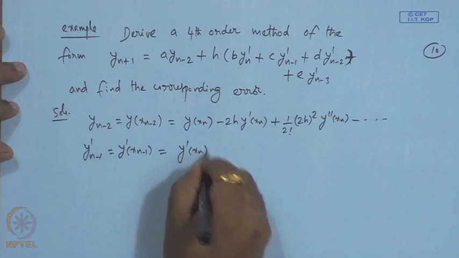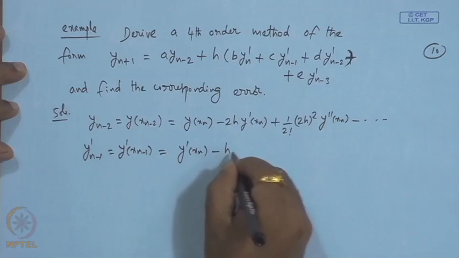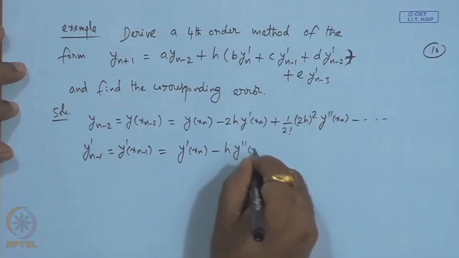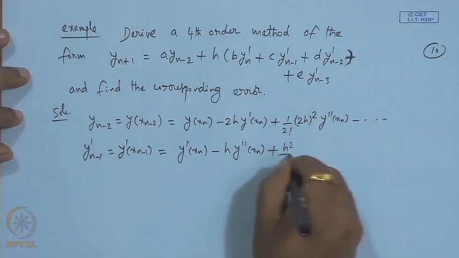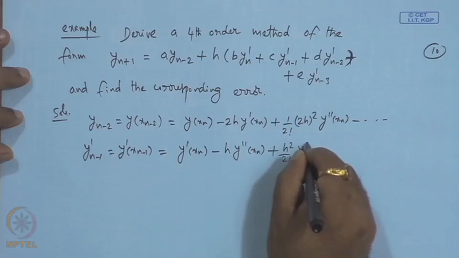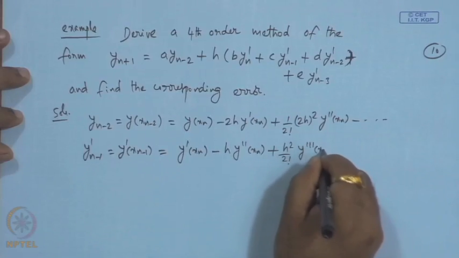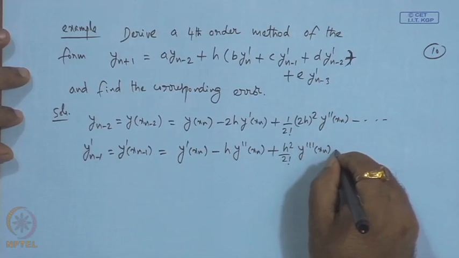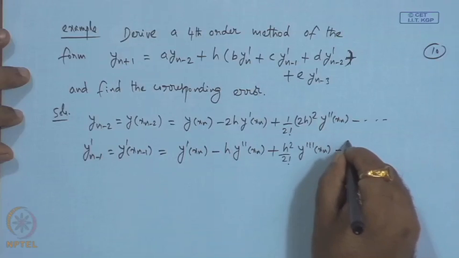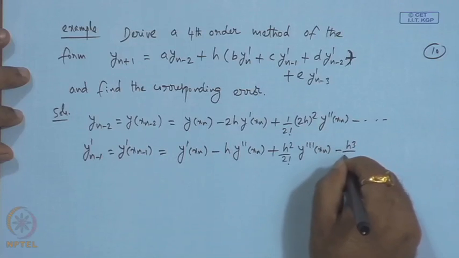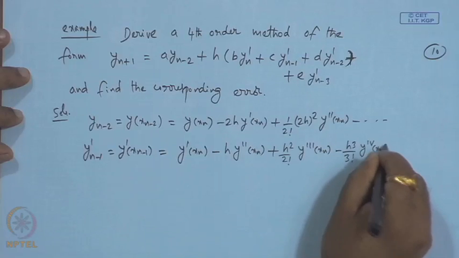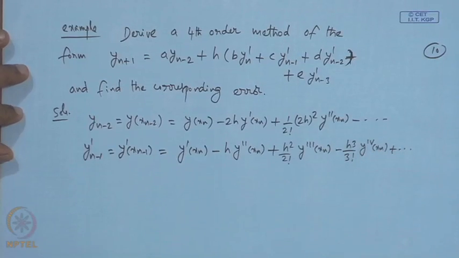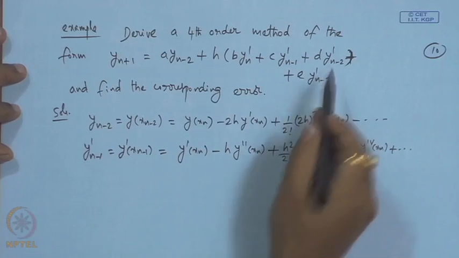y dash of x n minus h y double dash of x n plus h square by 2 factorial y 3 of x n minus h cube by 3 factorial y 4 of x n, etcetera, and so on.